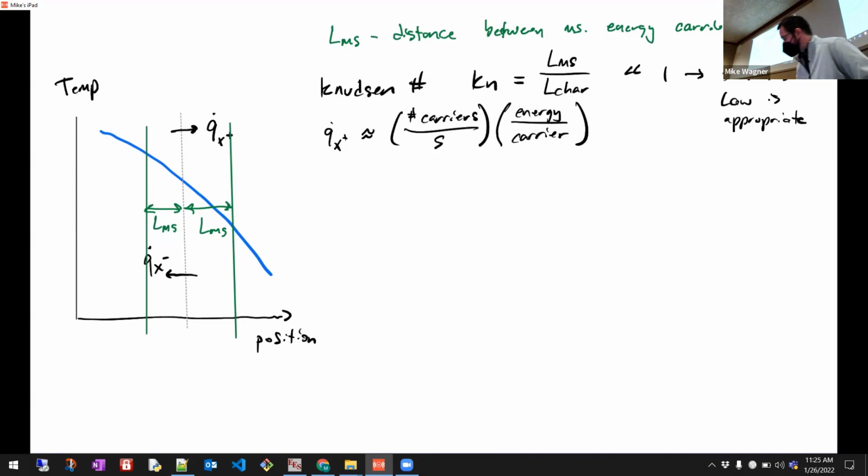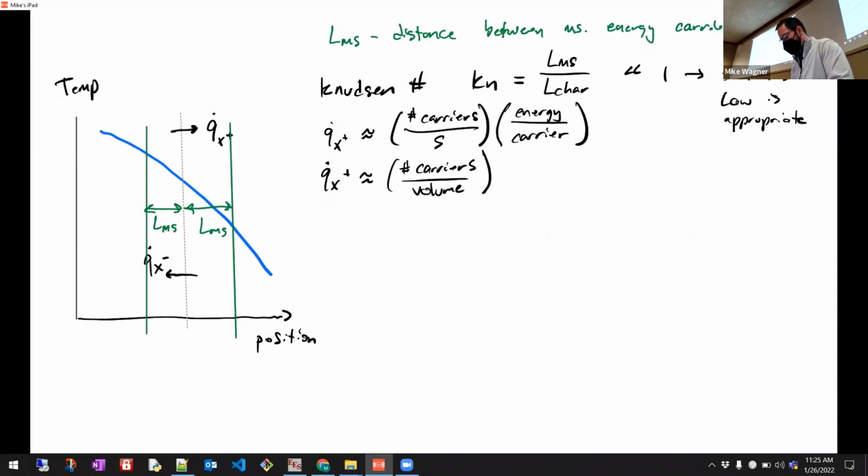We can write this a slightly different way, break it down a little bit more, and say the same thing, but now in terms of number of carriers per unit volume.